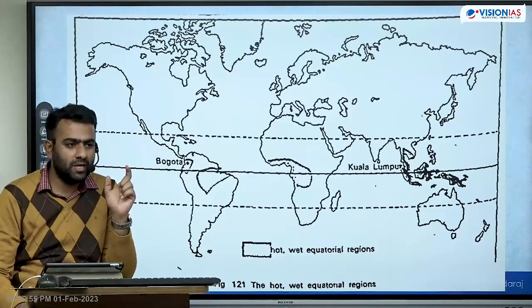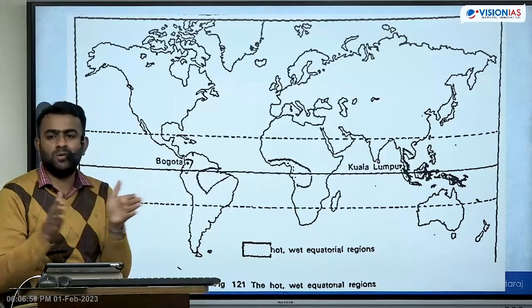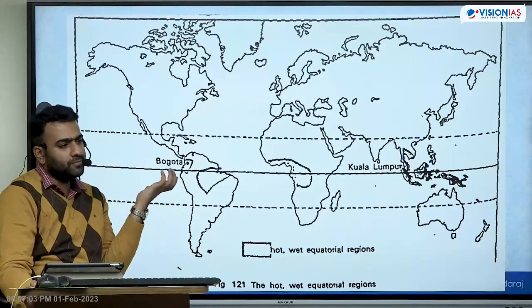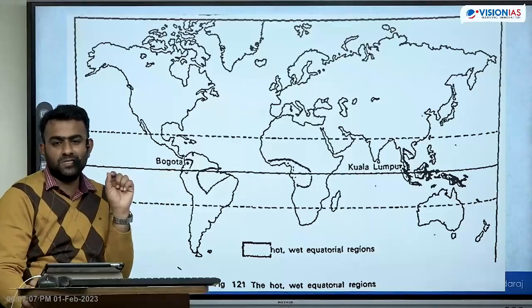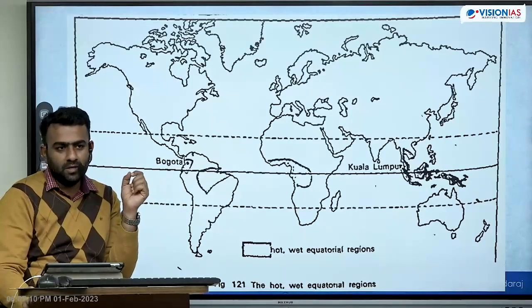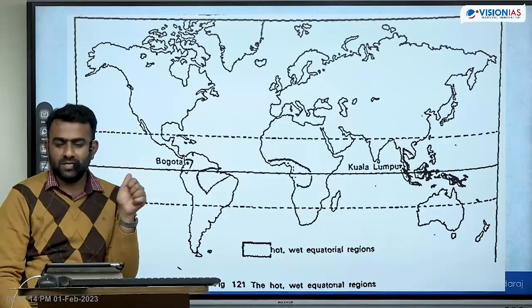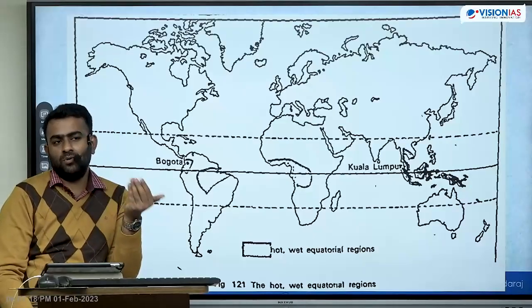Even though there is between 200 to 250 centimeters of rainfall in the equatorial region, that is throughout the year. There is enough amount of moisture available for the plants here. So that is very important. That is why it is called hot and wet. Humidity levels are always high, and because of high temperature, high humidity, high moisture content, the life is more here.